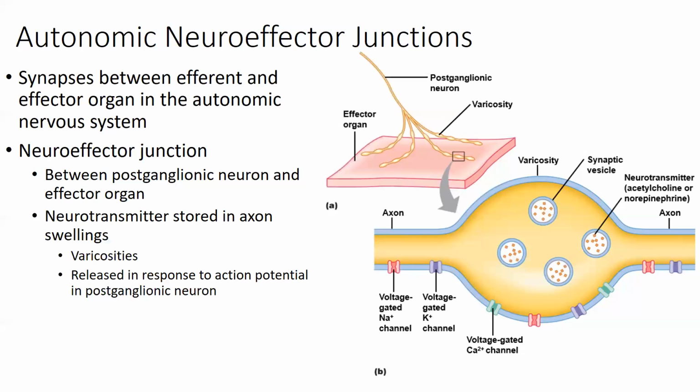So this is a varicosity or swelling, and this is the smooth muscle tissue here. Now, within the varicosities are some vesicles, and they're going to have your neurotransmitter.